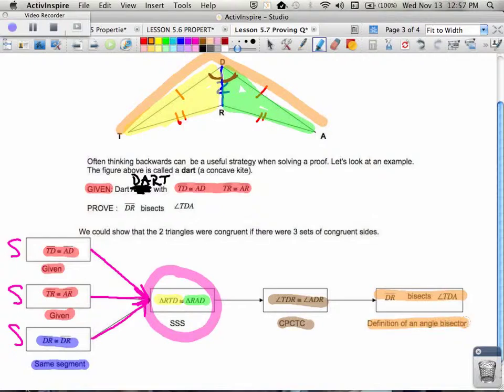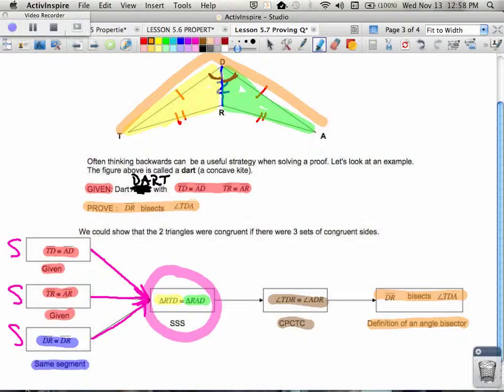It chops an angle into two congruent pieces. And so thinking backwards sometimes is a strategy that you need. For some of us, we won't necessarily use that, but in the end, we've proved that DR is bisecting TDA.